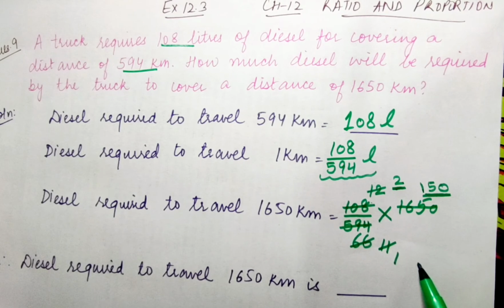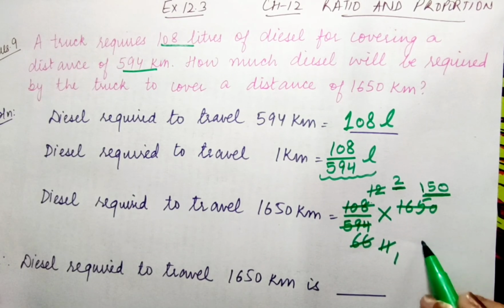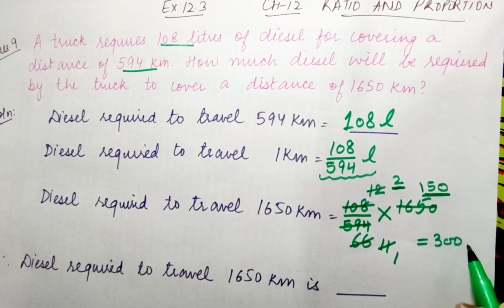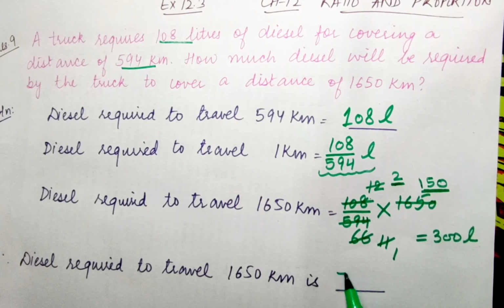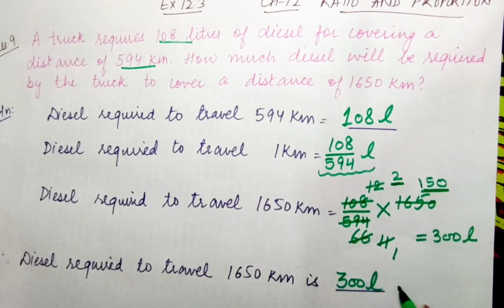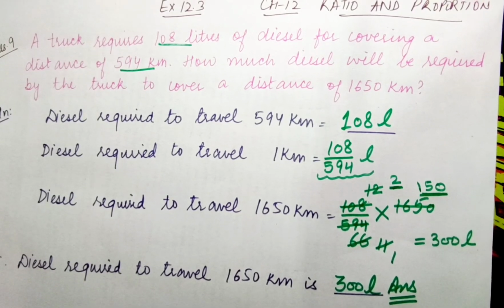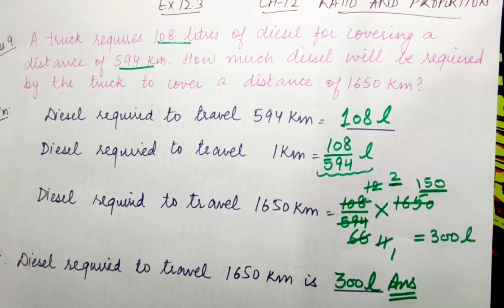So 2 multiplied by 150 will give me 300. So it means diesel required to travel 1650 kilometers is 300 liters. So students, don't forget to write down the answer line and don't forget to put the units. Okay, so this was question number 9.